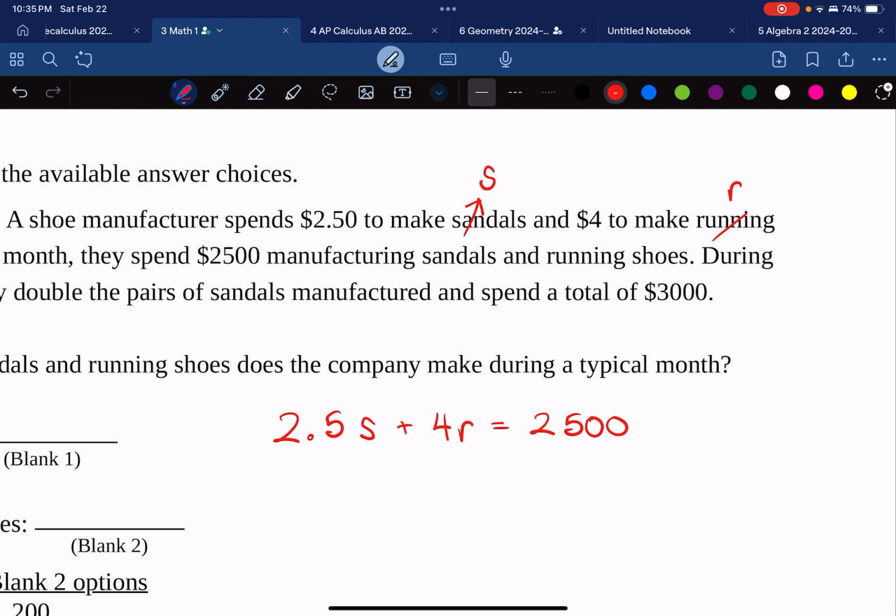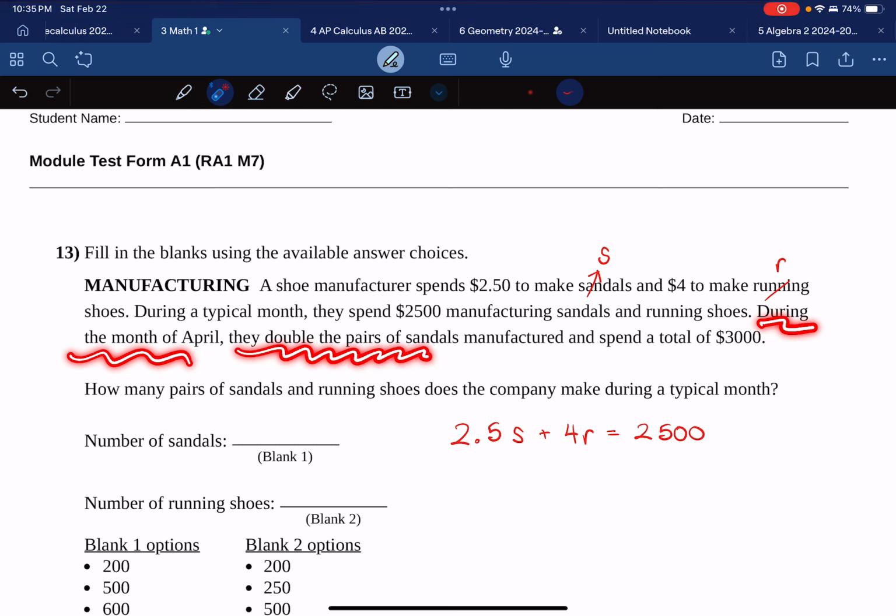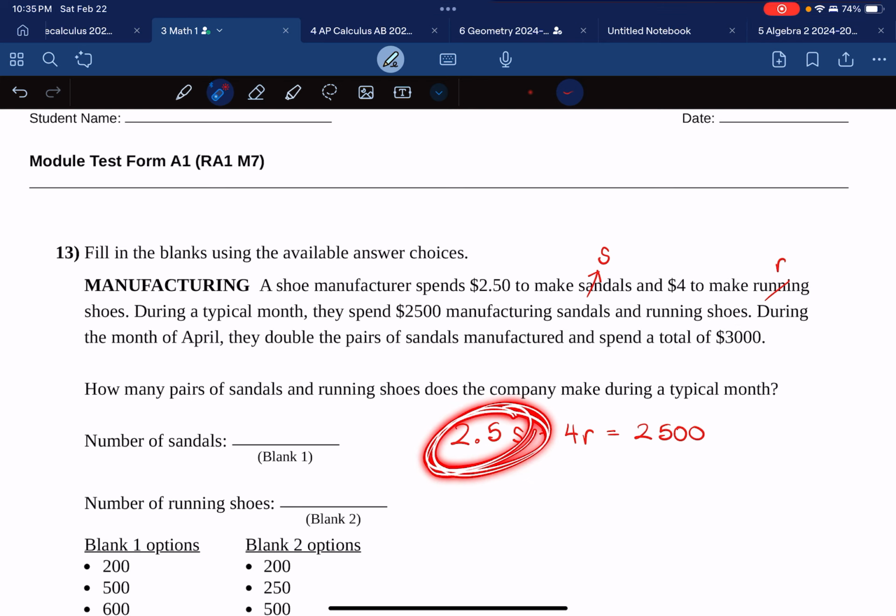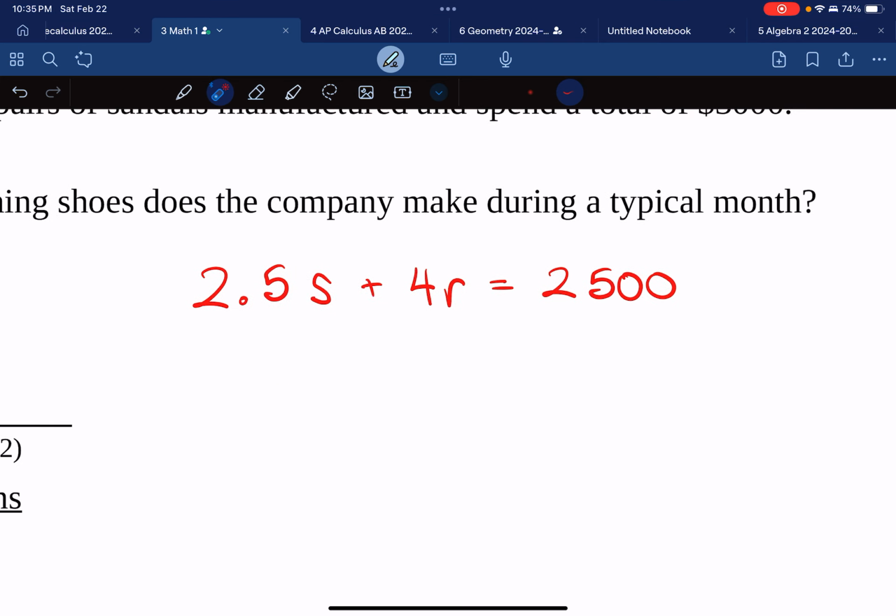All right, so from here, I have one equation, and how in the heck am I gonna create a second equation? During the month of April, they double the pairs of sandals. So I just need to double sandals and have the exact same scenario, except this number is gonna change to 3,000, right? So this S is sandals. So I'm gonna take this term here, and multiply it by 2.